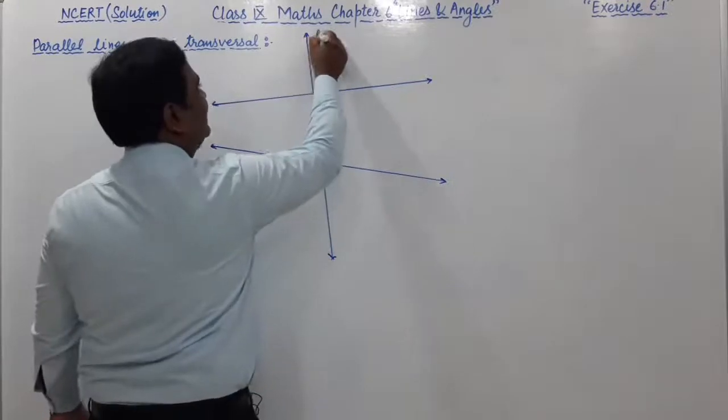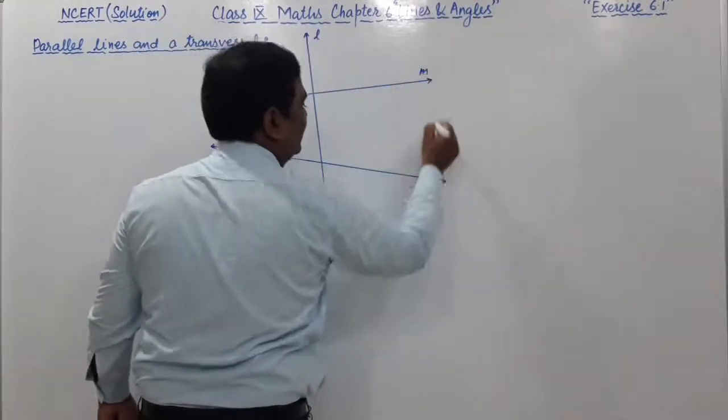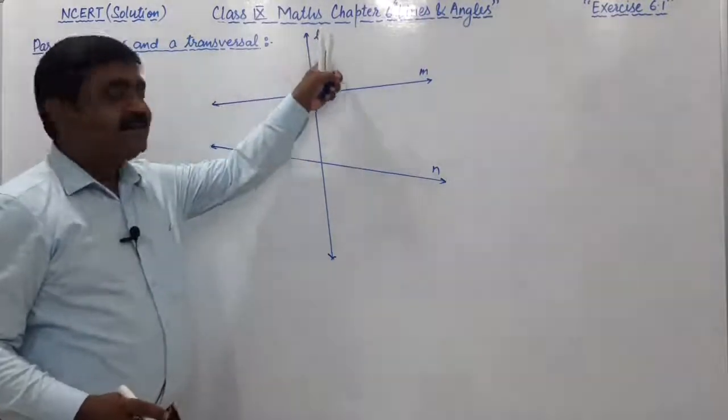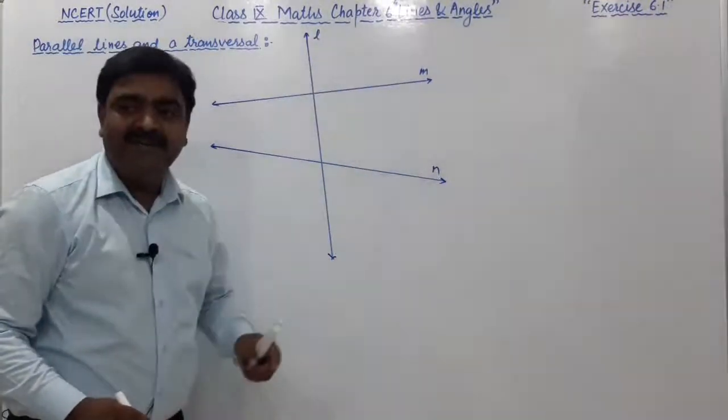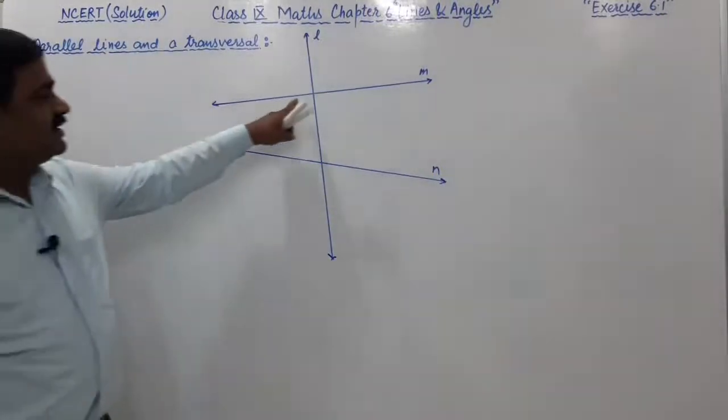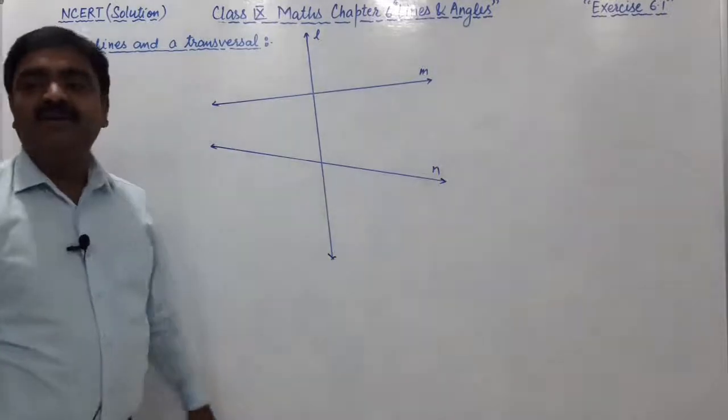Say this line is L, this is M, and this is N. Right? Three lines. This line L is intersecting these two lines M and N at these points. So this line L is called a transversal.